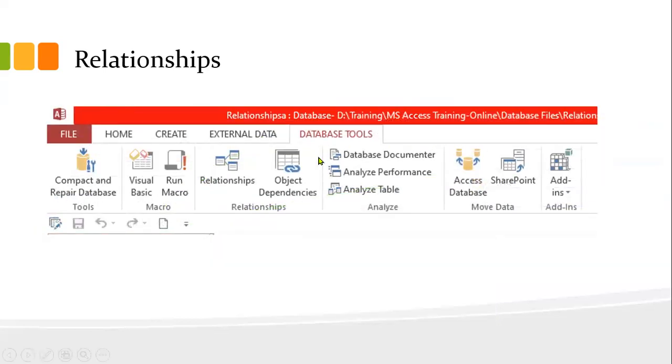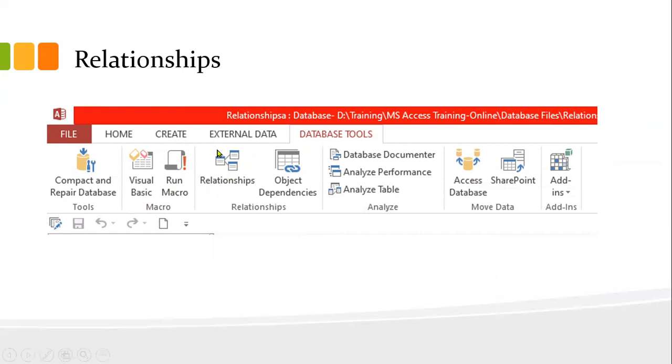Access offers an option to create relationships. It's not mandatory for a database to be usable, but however, if you have the relationships linked to tables, then it gives more functionality, better data display.